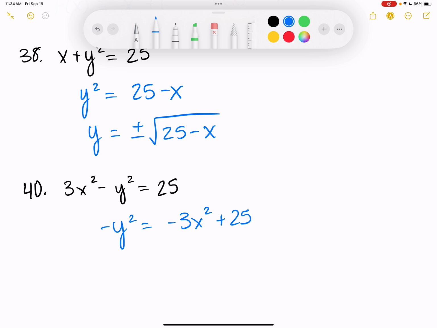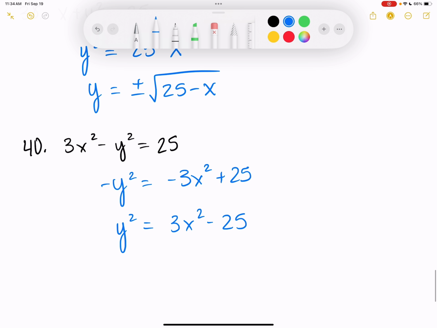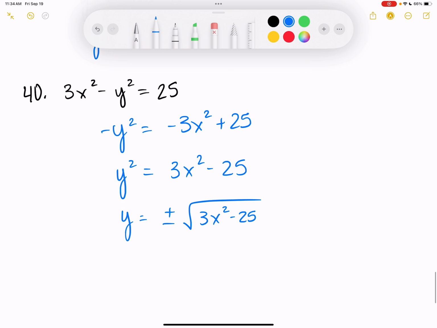Divide by a negative. y squared equals positive 3x squared minus 25. And then take the square root of both sides. Plus or minus? So y is plus or minus the square root of 3x squared minus 25. You can just leave it as plus or minus. As long as you know that's supporting your 2 functions, you're fine. That's all I'm looking for.